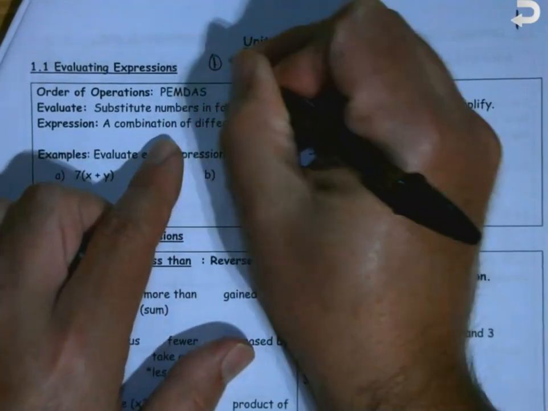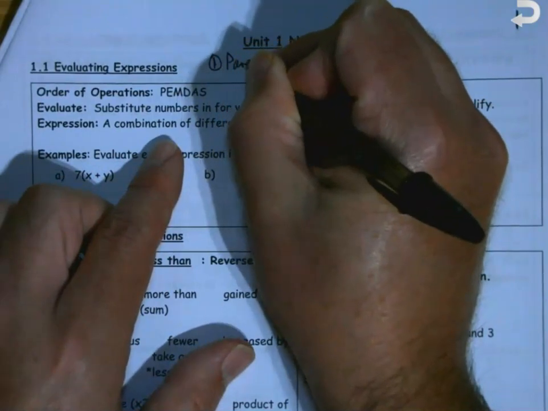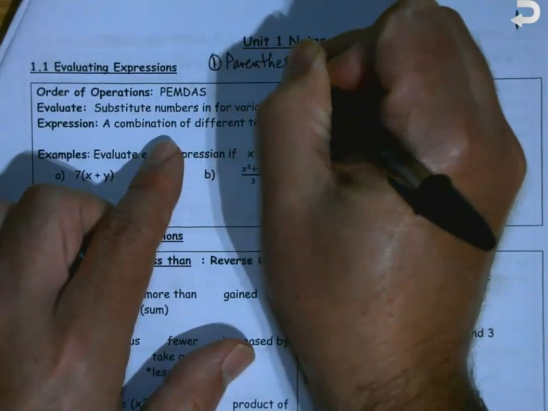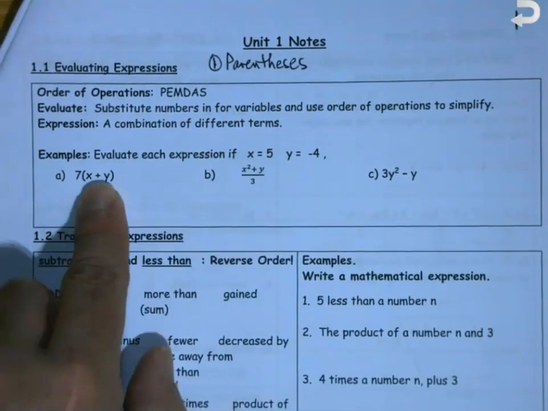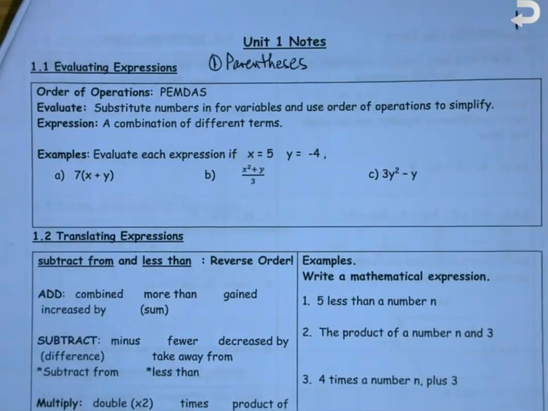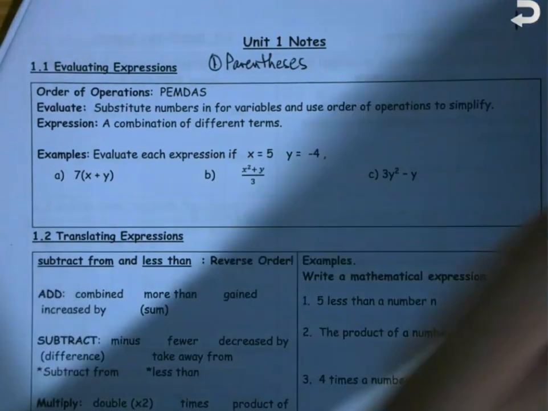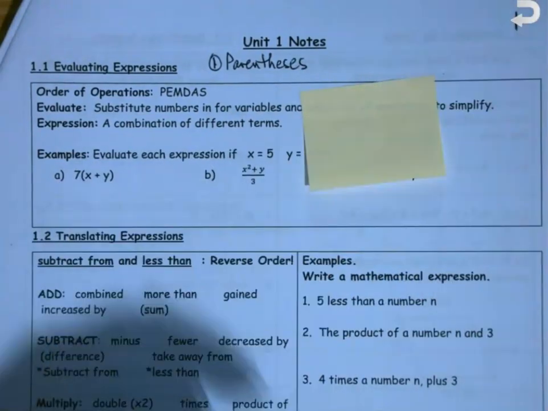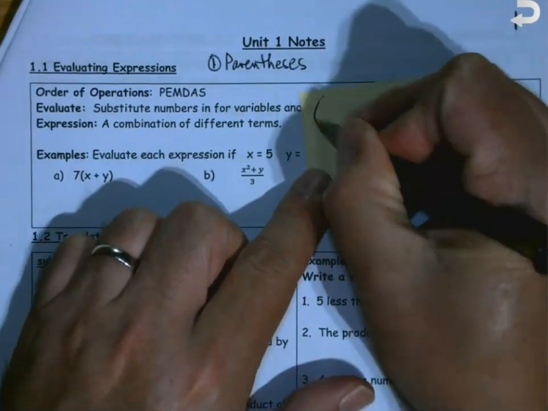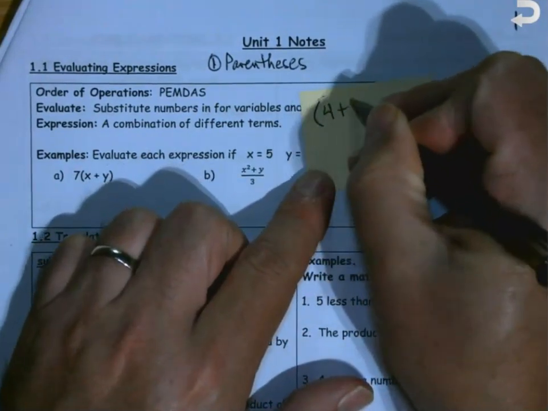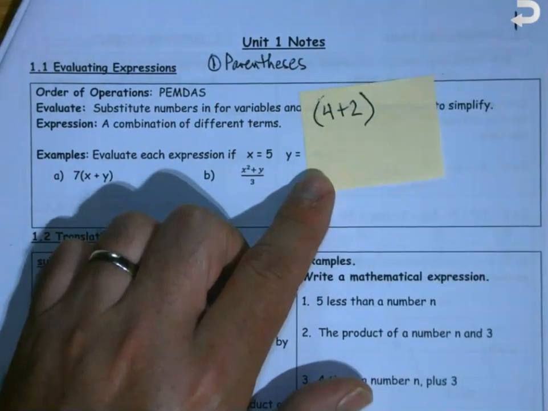So with PEMDAS, the P stands for parentheses. Now, when we're talking about parentheses, we're talking about parentheses with an actual operation going on inside. I'm going to be known for this as well: I'm the sticky note guy. So when we do parentheses, we mean something like, hey, you're supposed to do 4 plus 2 inside the parentheses first.